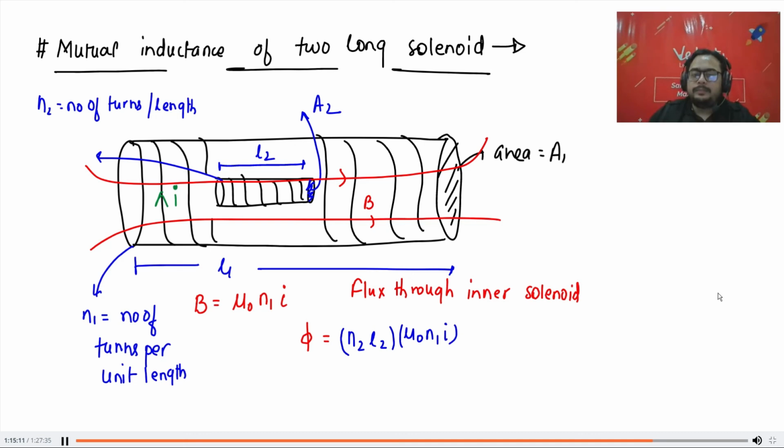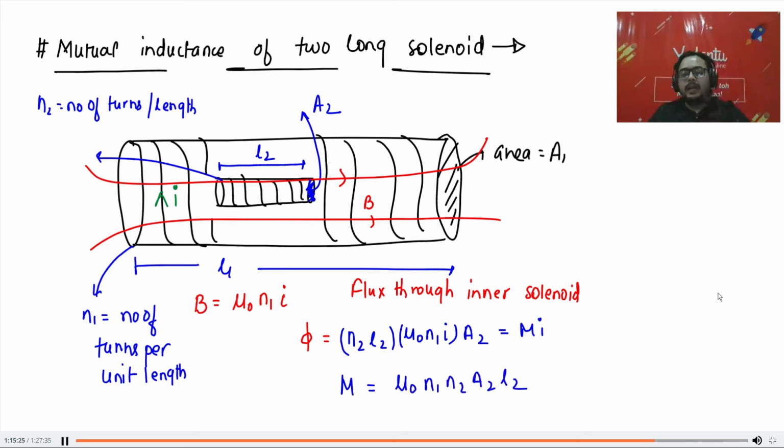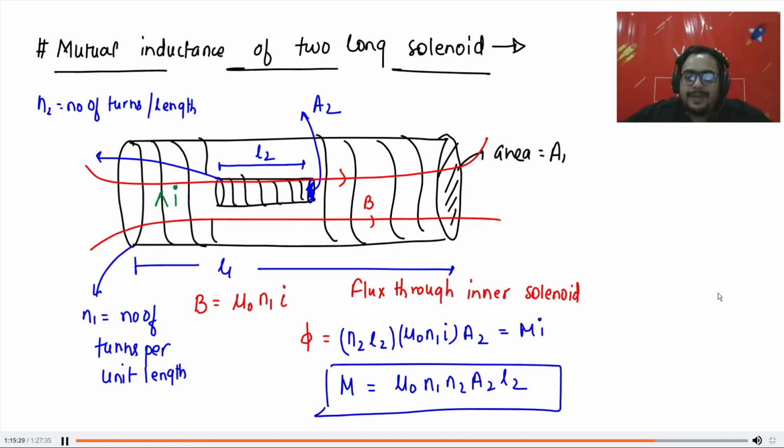Now this should be equal to M I. I will get cancelled out, and for M you will get mu naught N1 N2 A2 L2. This is the formula for the mutual inductance of two long solenoids. It basically depends on the product of the number of turns. M is the mutual inductance.